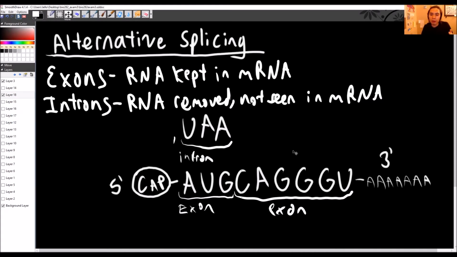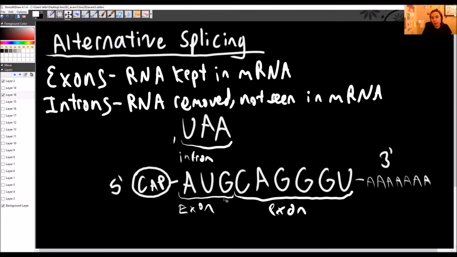We did all the steps necessary to convert our primary transcript to our mRNA: the 5' cap, the 3' tail, we removed the intron. So our ribosome will come along, it'll read the mRNA, and then it will translate the codons into amino acids.